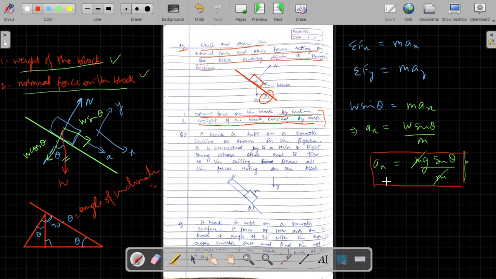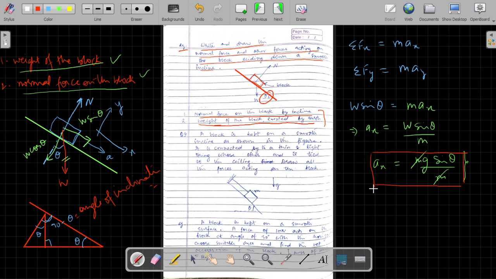And this is just like saying that when two balls are dropped on earth from the same height, they reach the ground at the same time. This is because the acceleration of both the balls is independent of its mass. In the same way, when they are kept on an incline, the acceleration of the block is independent of its mass.